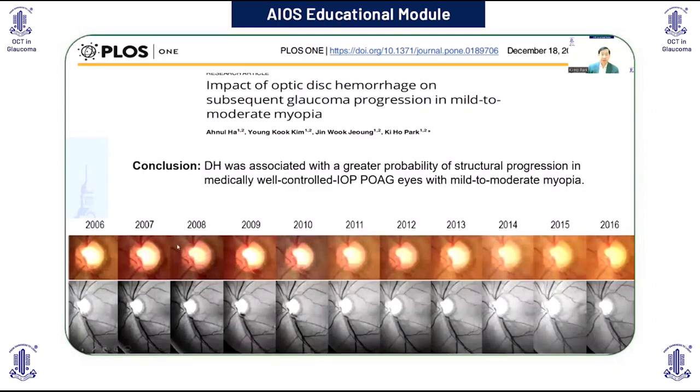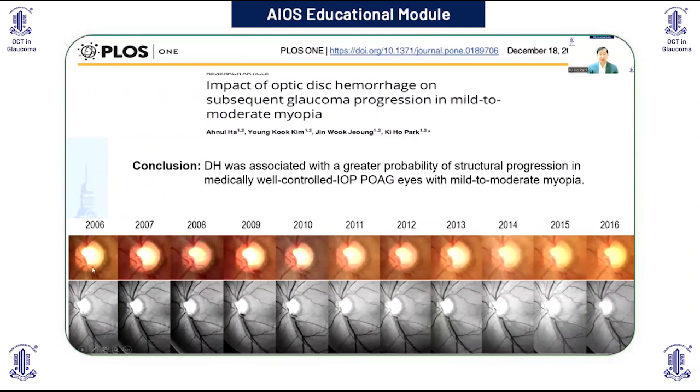This is a representative case. You can see recurrent disc hemorrhage here, and the disc hemorrhage at the beginning here.